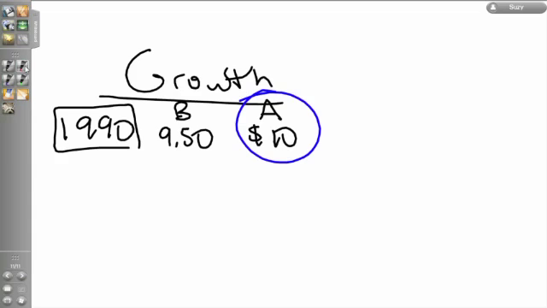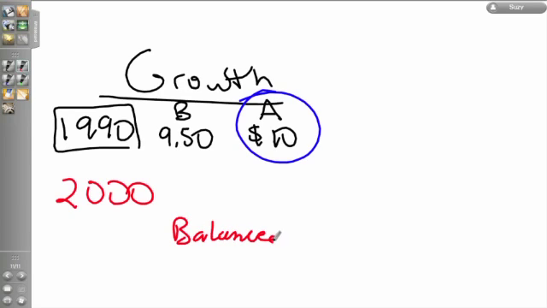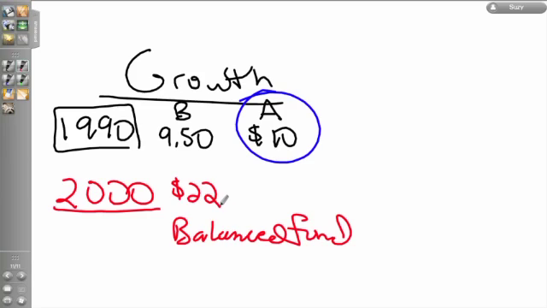And then in 2000, it says you decided to switch. You wanted to get into the balanced fund. So in 2000, the bid price was 22 and the ask price was 23.12. So you buy at the ask, and when you redeem, you get the what?